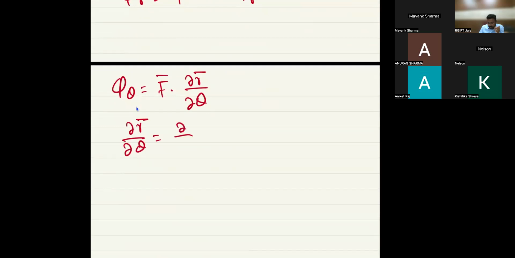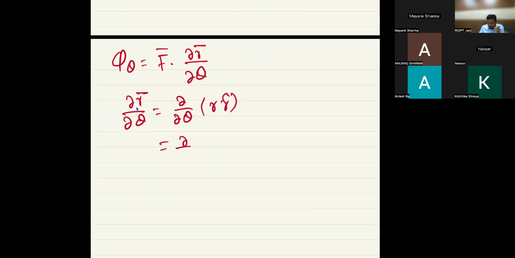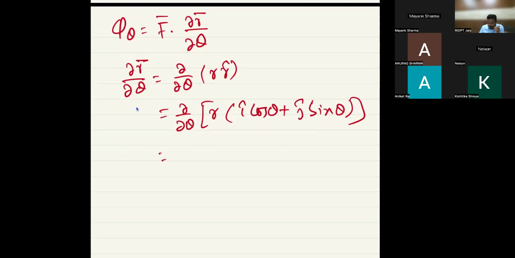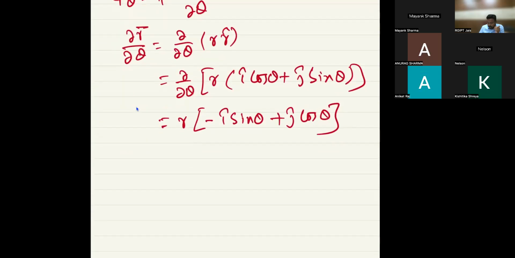This will be del by del theta of r r cap, and r cap is i cap cos theta plus j cap sin theta. You can take r outside. This will be minus i cap sin theta plus j cap cos theta. And what is this expression? Do you remember? Minus i cap sin theta plus j cap cos theta in polar.